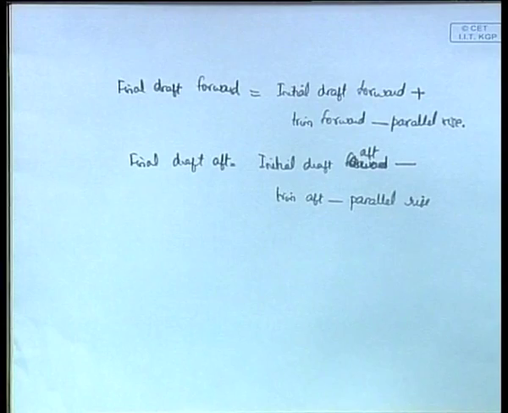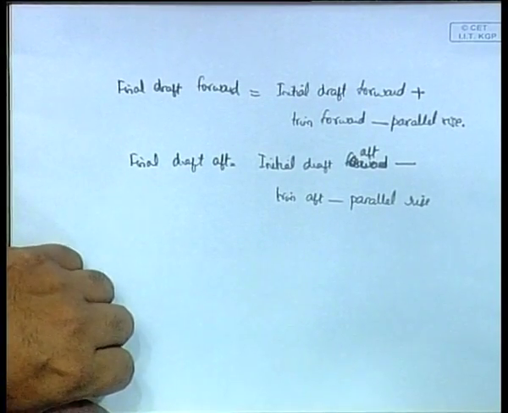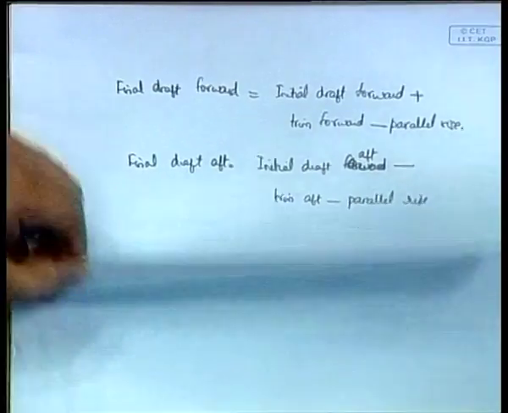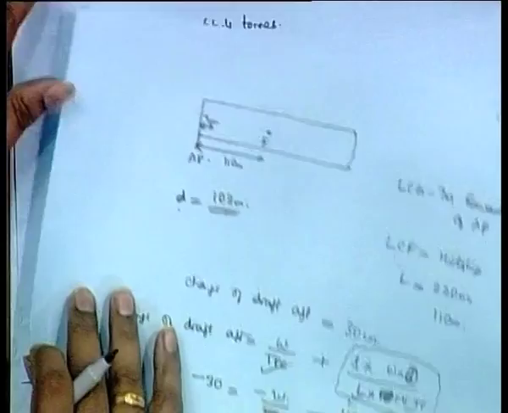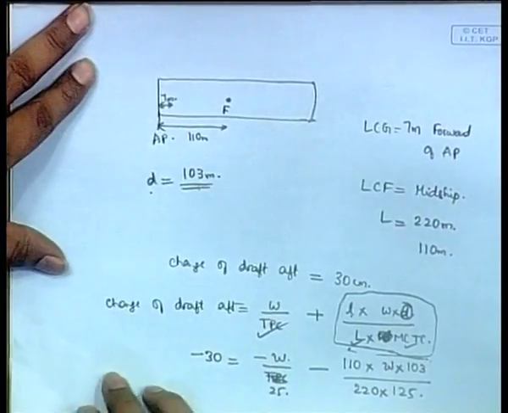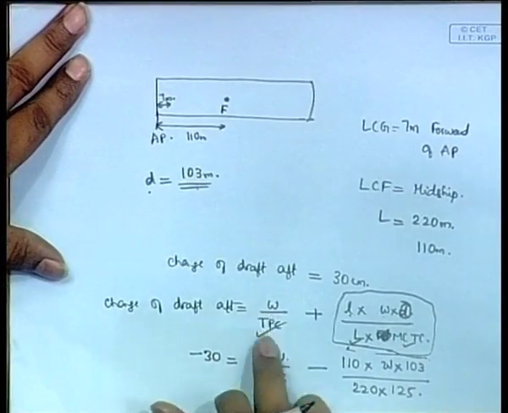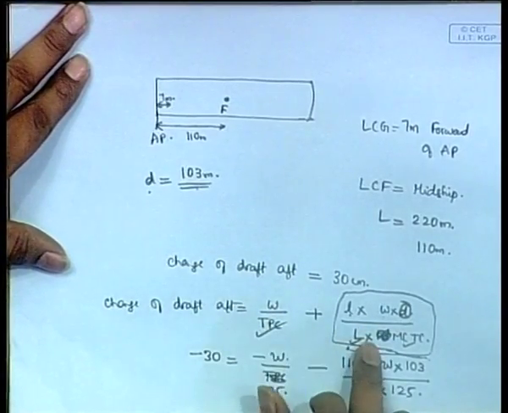Now, one special case that is possible is this: suppose you have a change of draft aft given by this formula, this plus this.